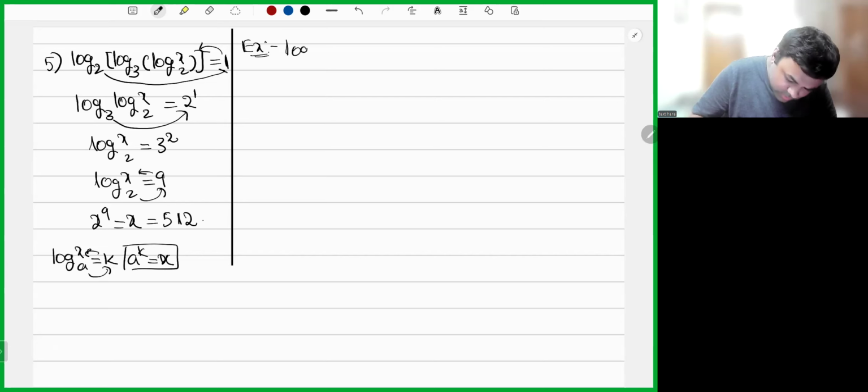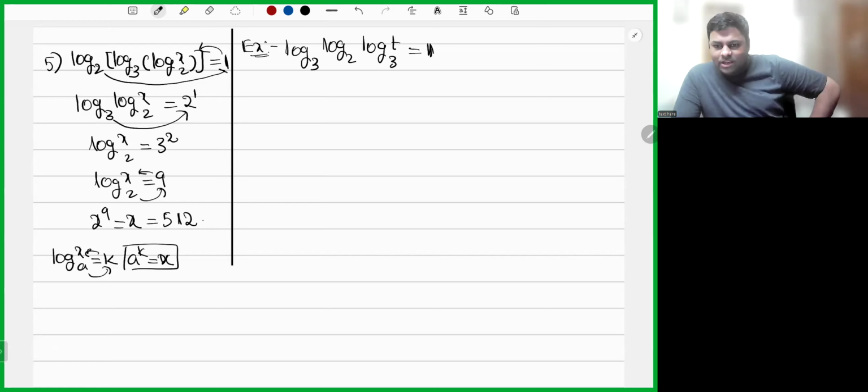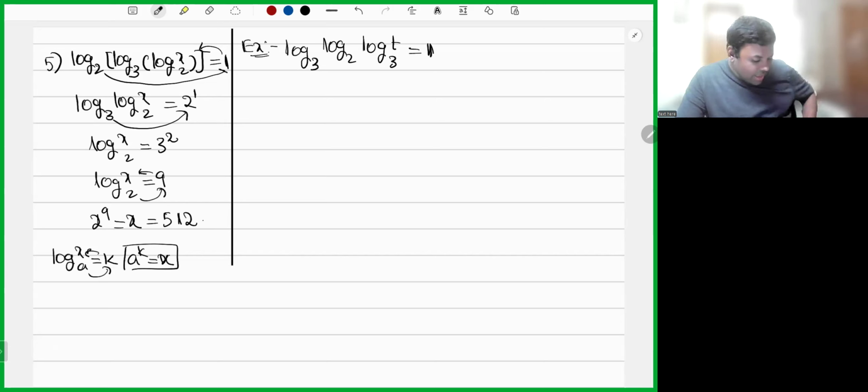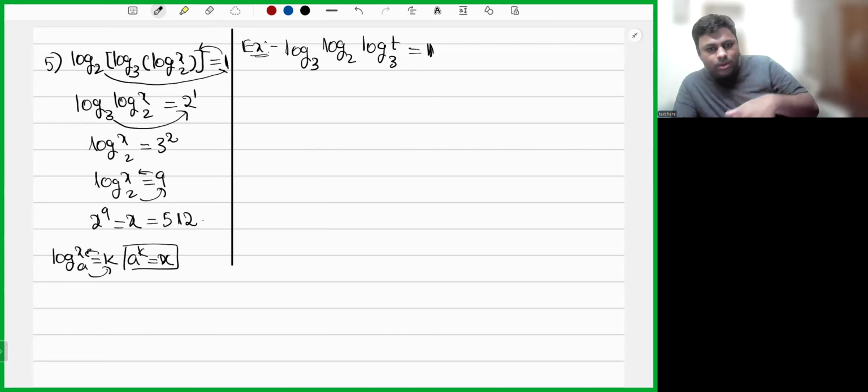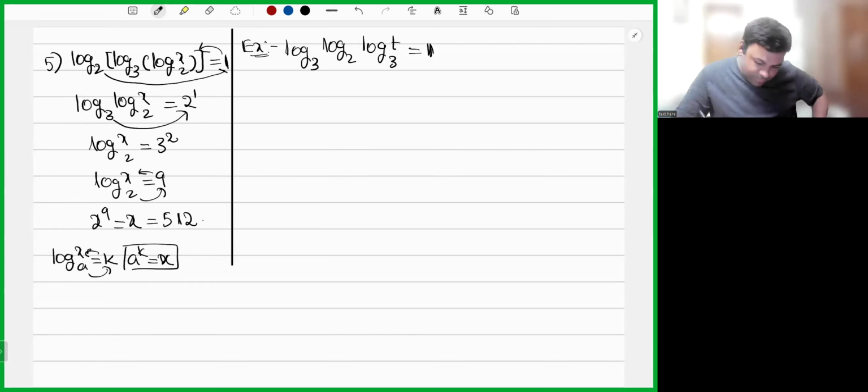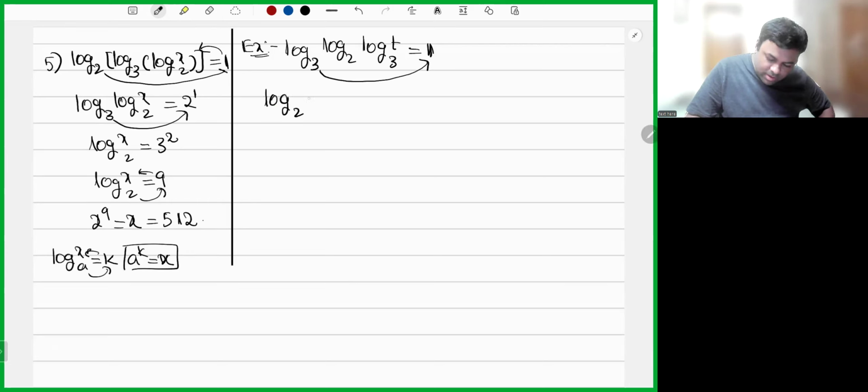Log base 3 of log base 2 of log t base 3 is equal to 1. I'm asking what is the value of t. Again, as usual, you'll come backwards. First, 3 power 1: log base 2 of log t base 3 is equal to 3 power 1.